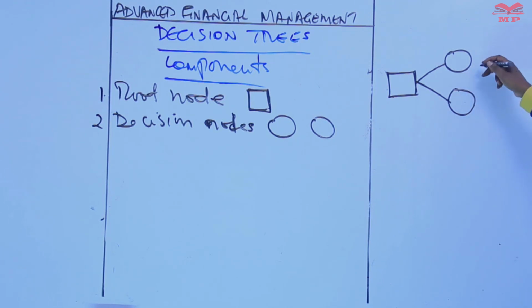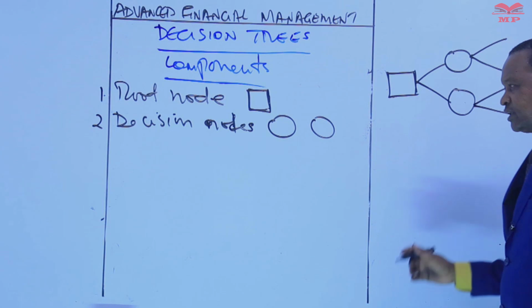Then, of course, we have these branches. Okay, a tree must have branches.